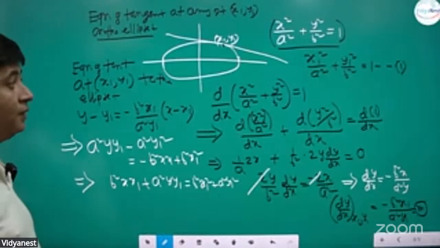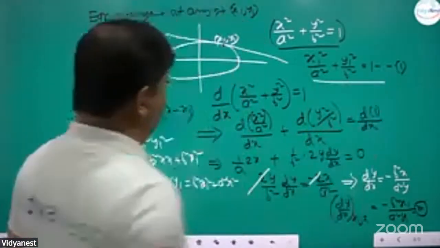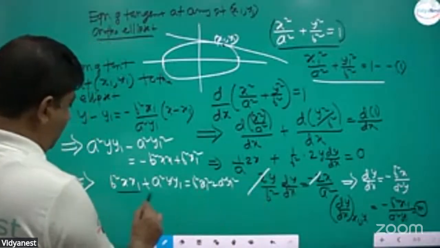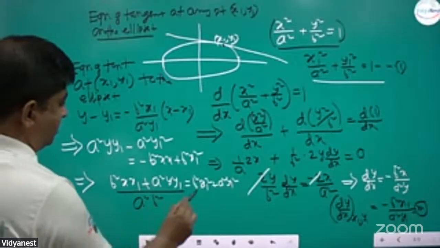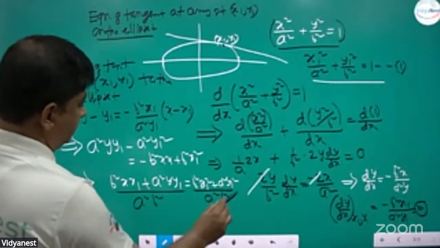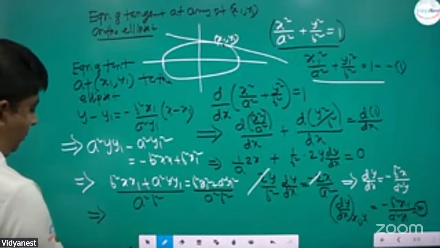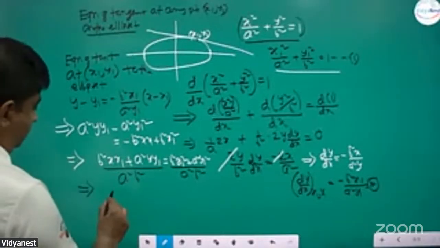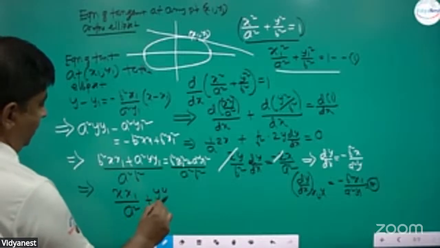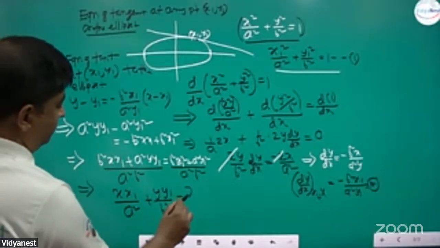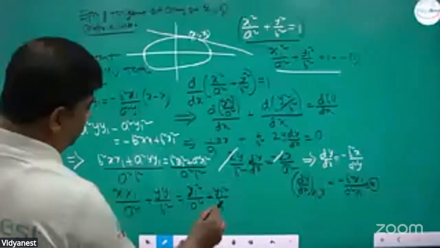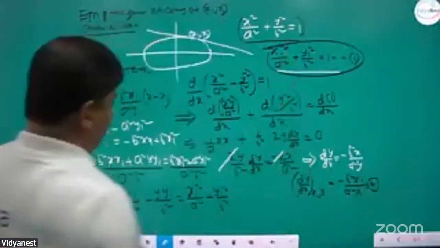Now what is the use of that result? You divide both sides by a square b square. See, that will give you x x1 by a square plus y y1 by b square equals what? 1.